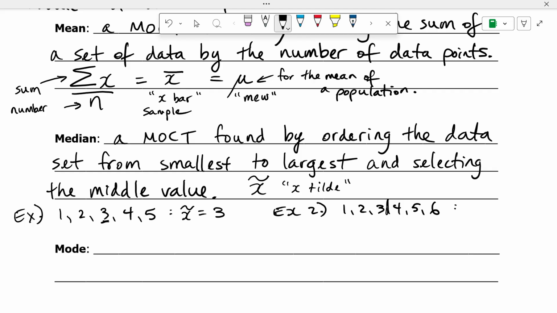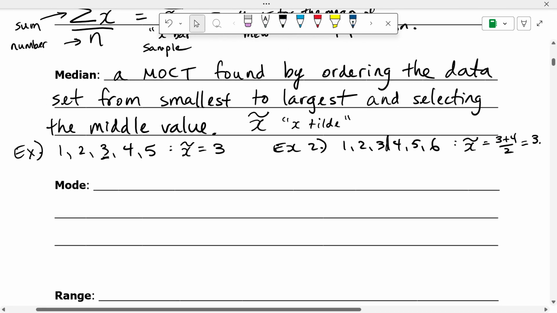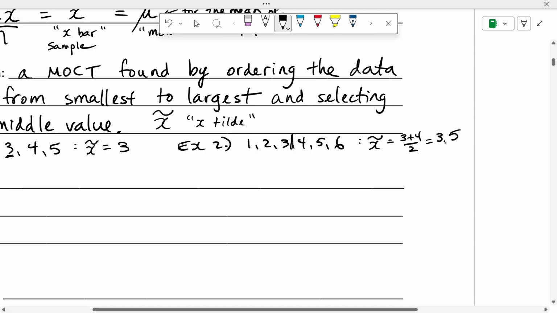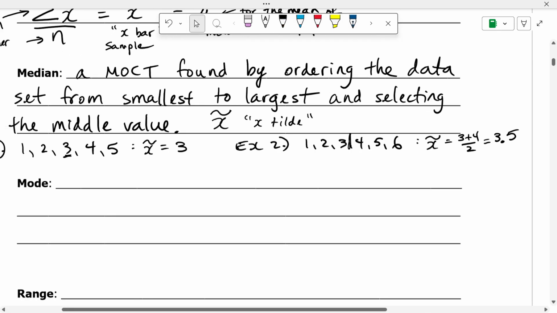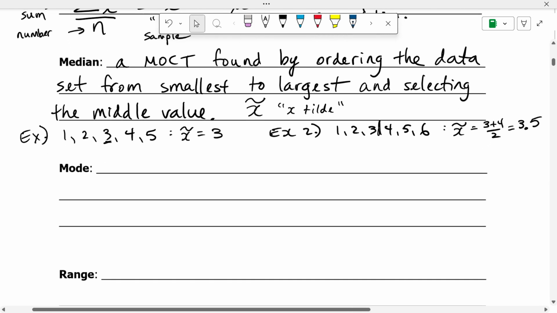So my x tilde would be 3 plus 4 divided by 2, which is 3.5. So there's median. Hopefully you guys all remember that kind of stuff from grade 8.